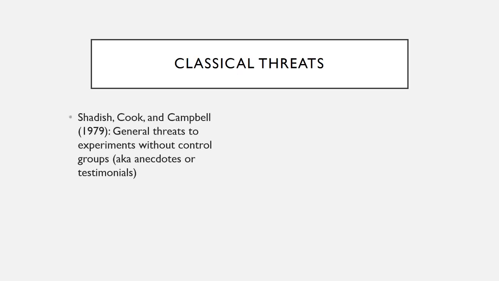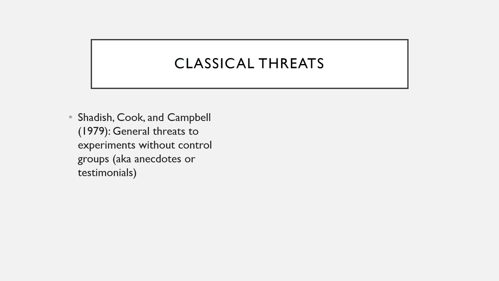So in classical theorizing on good experimental design, Shadish, Cook, and Campbell outlined a series of what we call classical threats to experimental validity. These are the basic sort of pitfalls of design that we want to avoid in order to make sure that the results of our experiment are rigorously tested and any effects reflect the true effect of the independent variable.